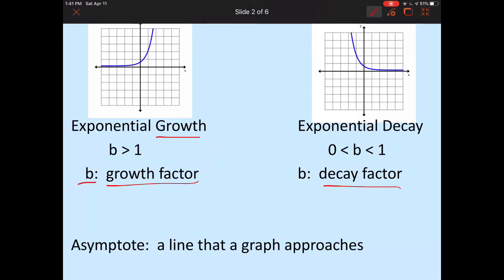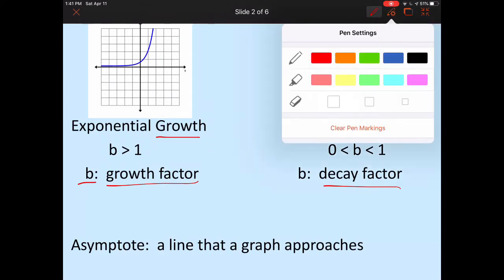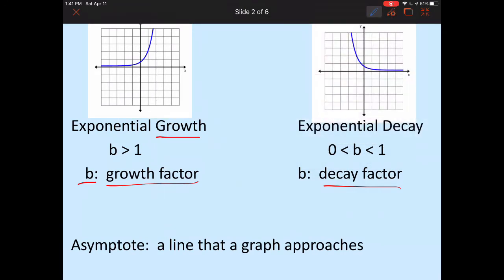An asymptote is the line the graph approaches, and here it's y equals 0. As you can see, it's flattening out here, okay? All right.